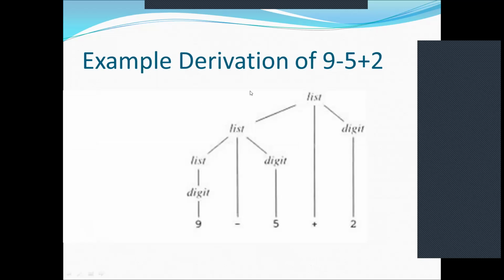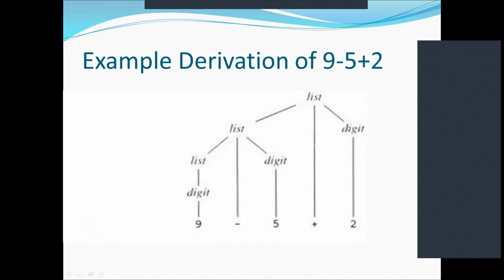So now you can have the derivation of 9 minus 5 plus 2 as we saw. First is the list. List is taken as the start symbol in your production. And then it says list can have the form of list plus digit. Do you remember that? As per equation 1, the first rule is list plus digit.